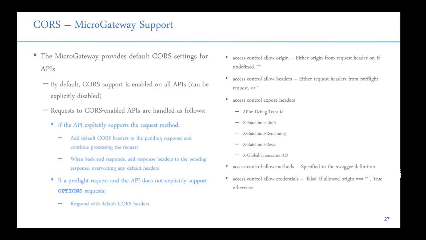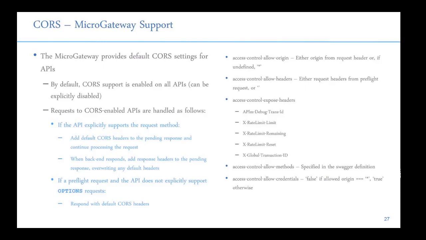So basically what we do is, by default, we enable CORS support for all APIs that we are proxying, although you can explicitly disable it. And the requests to CORS enabled APIs are handled as follows. This applies to all of the requests.